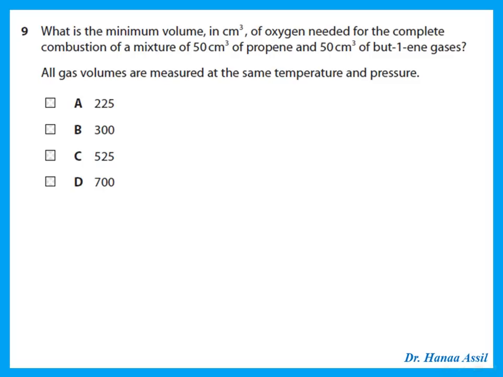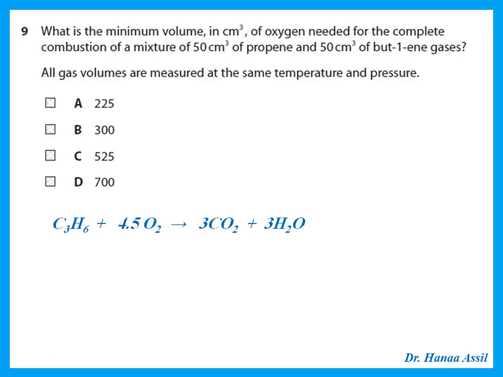Okay, what is the minimum volume in centimeter cubed of oxygen needed for the complete combustion of a mixture of 50 centimeter cube propene and 50 centimeter cube butane gases? So if I write the equation for combustion, and this is complete combustion, so this gives carbon dioxide plus water, the equation for propene tells me that if I have 1 mole of propene, it needs 4.5 moles of oxygen.